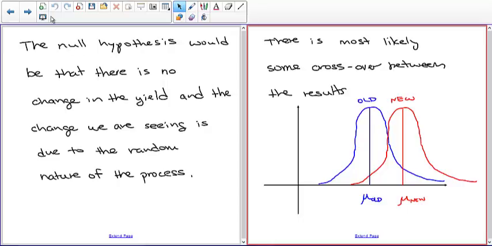The other thing that affects it is how spread out these are. If the data went like this and this data went like that, it would be easier to conclude that there's a difference. But a lot of times there is still some overlap. So you could have some of the old process give higher yield than the new process, but on average the difference is there, possibly.